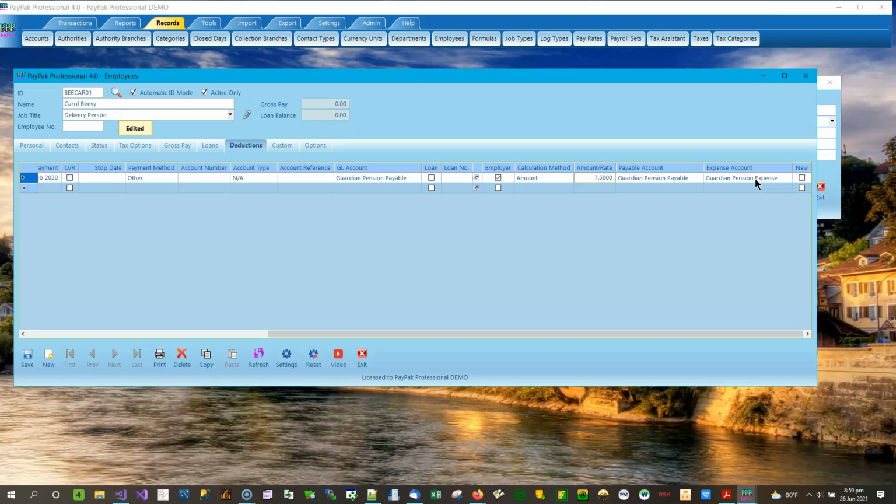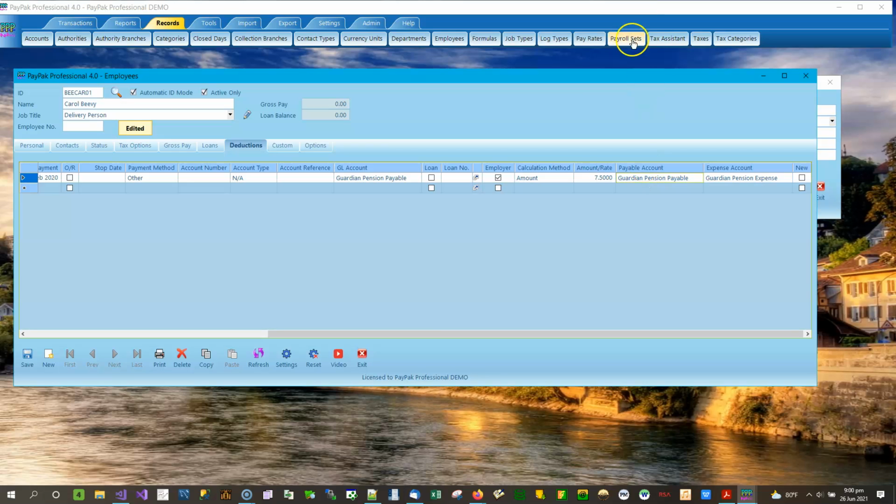That would be debited with the $7.50 in this particular case. So there'll be a debit of $7.50 as an expense to the company, and the payable account will then have a total of $22.50, which is the $15 from the employee plus the $7.50 from the employer. And that is the end of the allocation, the account assignments in PayPak.